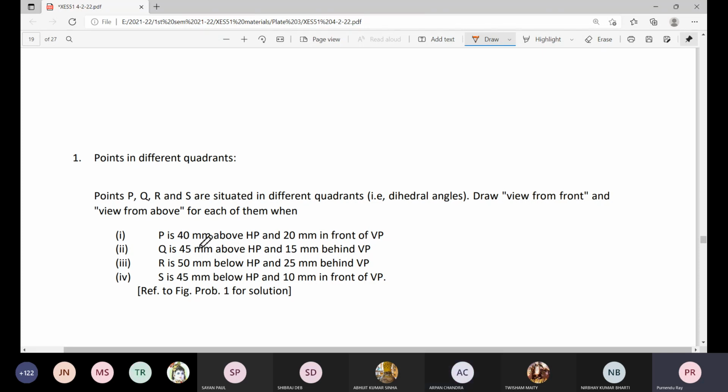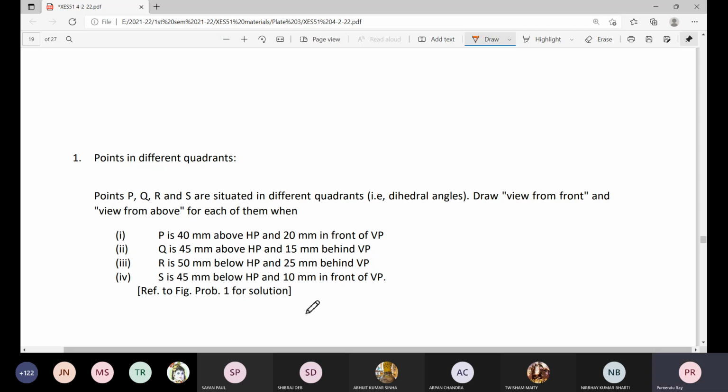Okay. So by this description, above HP and in front of VP, it means it is in the first quadrant. Above HP and behind VP, it is in the second quadrant. Below HP and behind VP, this is the third quadrant.